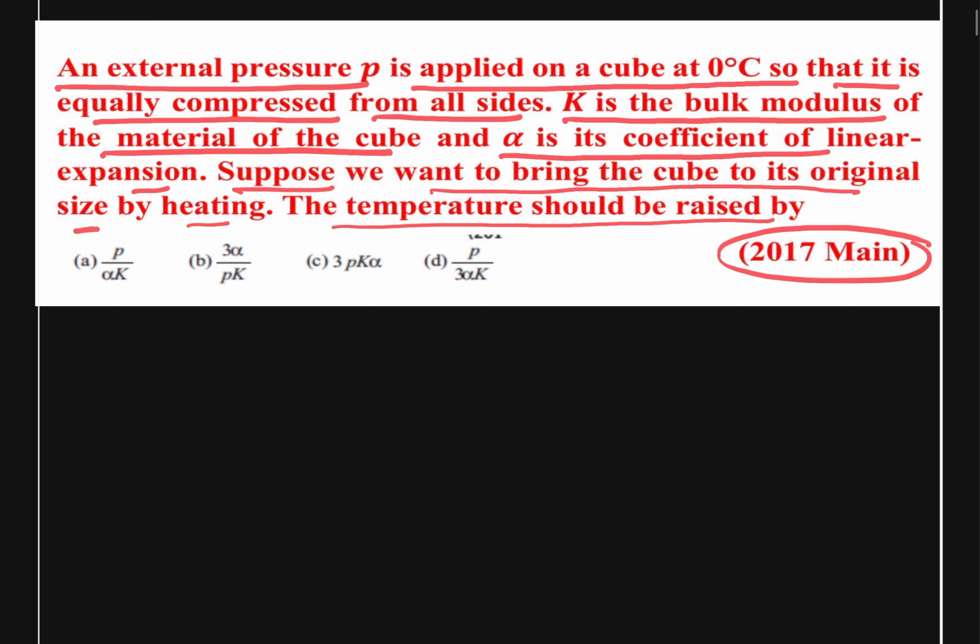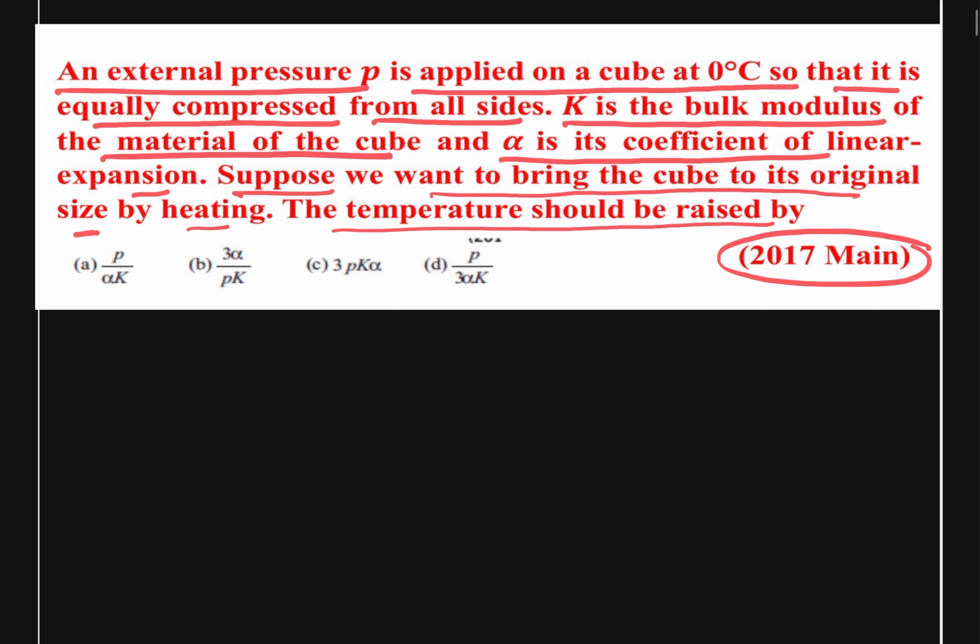So we are going to start with the volumetric compression, and we know that the bulk modulus, which is our K, is given as negative of pressure P, change in volume, and divided by original volume.